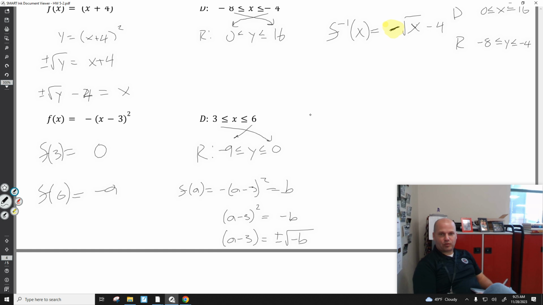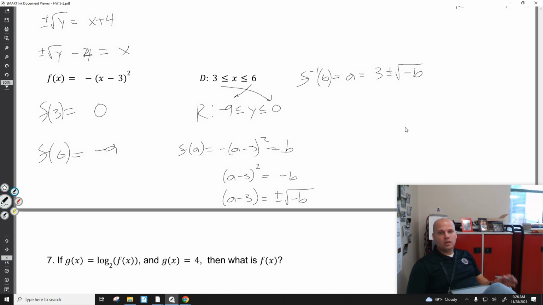I will then add 3, and I get my F inverse of B, which equals A, which equals 3 plus or minus, we'll figure that out, the square root of negative B. Now I'm going to pay attention to my domain and range for this one. So for my inverse, I need to plug in values between -9 and 0. This is why I'm saying sometimes don't switch them.